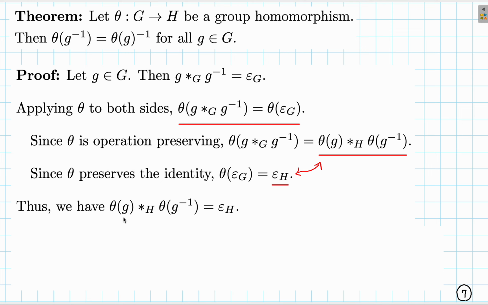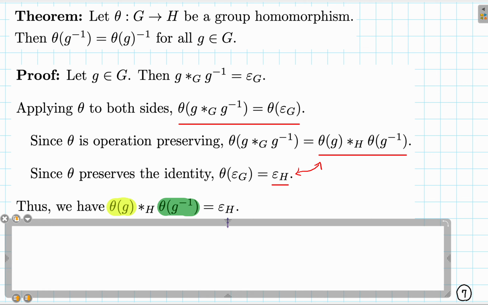Therefore, theta of g times theta of g inverse is the identity. And those elements are being multiplied in H. And so now I'll do a similar kind of highlighting that I did in the previous slide. We have this yellow element and the green element, and they are multiplicative inverses of each other because they multiply together to give us the identity element.